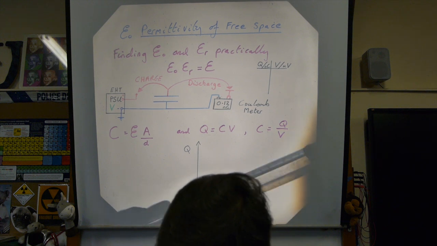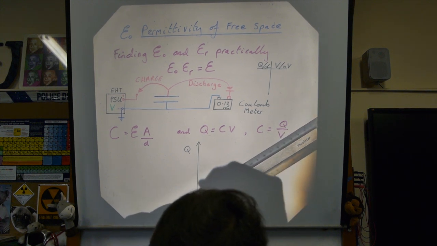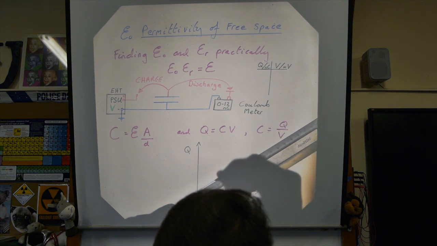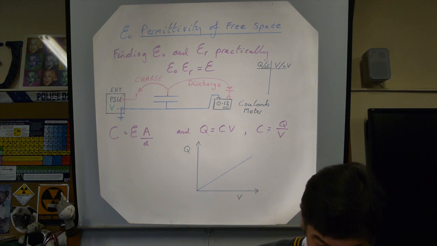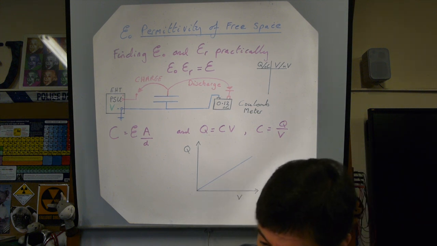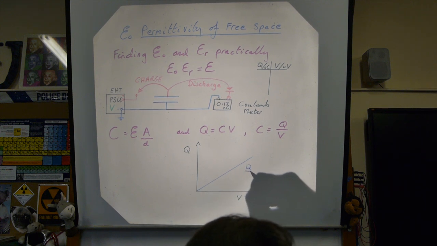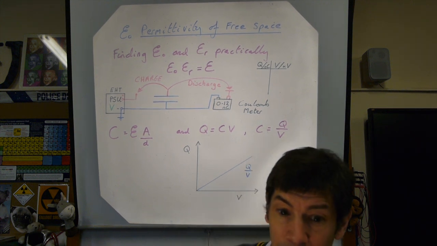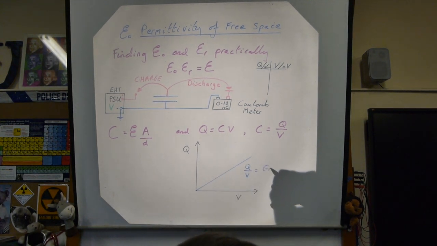And those of you who know me well know that I'm pretty obsessive about the fact that straight lines are not always at 45 degrees. Okay, I'll just draw one on there. Now, if you look at this, Q over V is constant. Of course it is. It's the capacitance. Okay. In other words, it's the gradient.